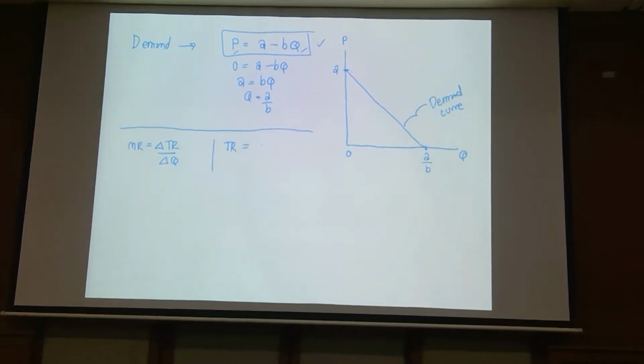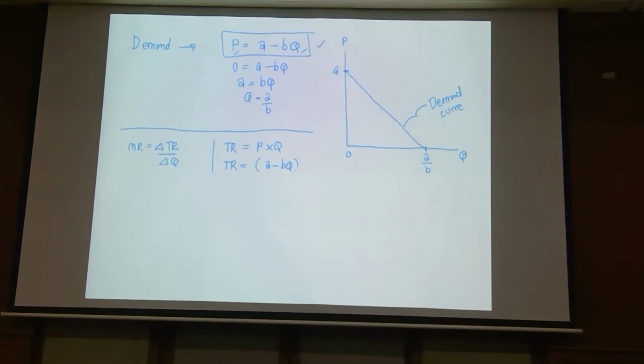Total revenue is P times Q. We already know the price based on the demand equation above, so you just plug the demand equation into the way we calculate total revenue. So you get A minus BQ multiplied by Q, which implies your total revenue is AQ minus BQ squared. That is your total revenue.